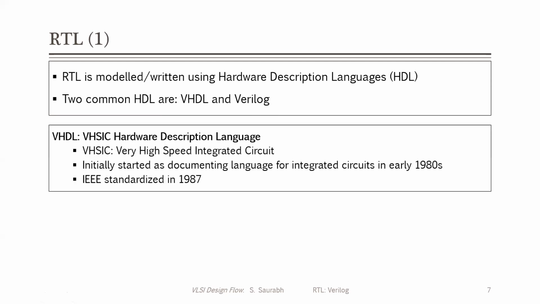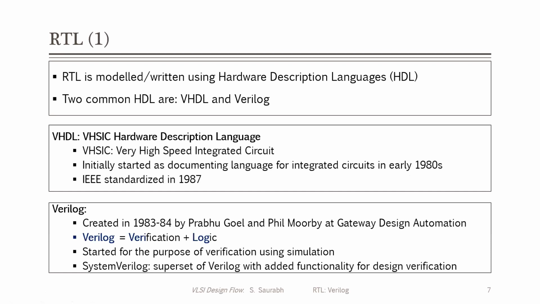Now let me give a brief account of the history of VHDL and Verilog. VHDL was started initially as a documenting language for integrated circuits in the early 1980s, and then it was standardized in 1987 for modeling of circuits, rather than documenting, and for simulation. On the other hand, Verilog was actually started for simulation.